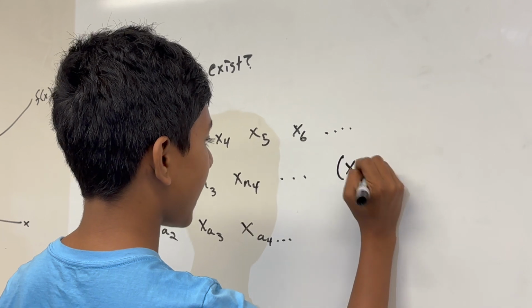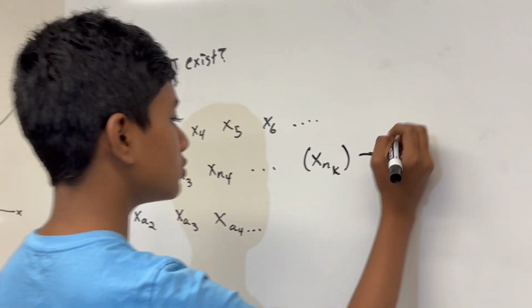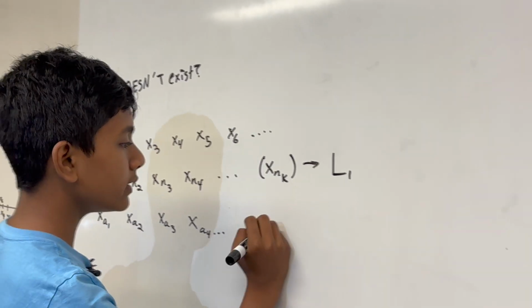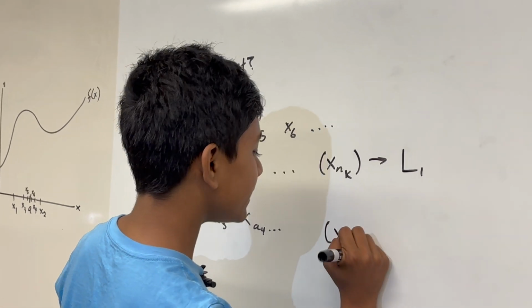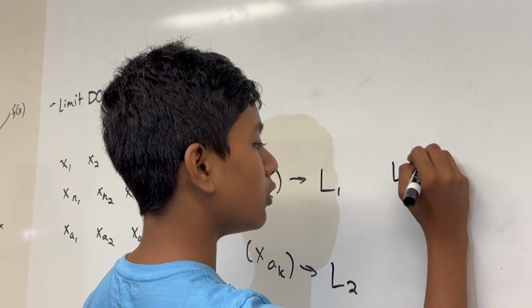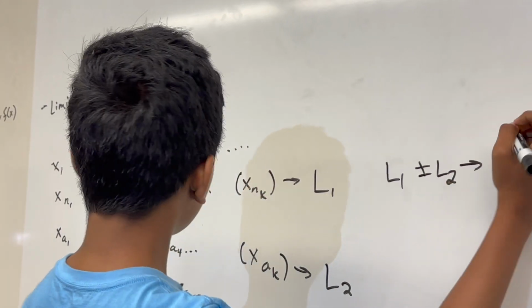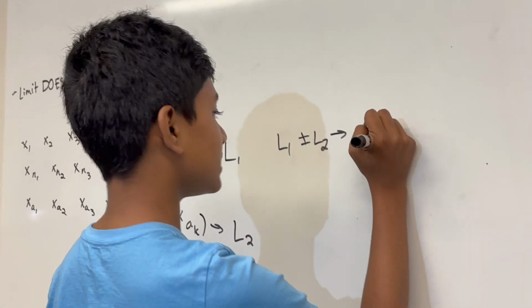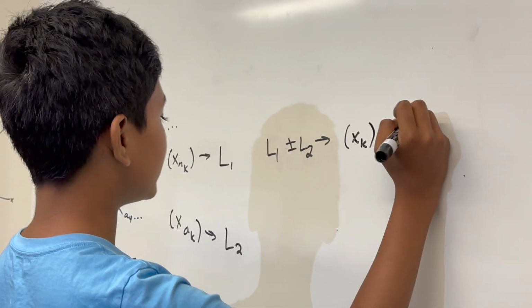So if xnk approaches a limit L1 and xak approaches a limit L2 and L1 is not equal to L2, then that means that the sequence xk does not approach any limit.